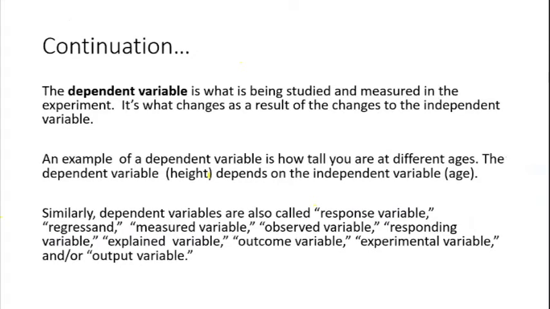So the dependent variable here, the one that is changing, is your height. And the independent variable is your age. It is the thing that we cannot change. Similarly, dependent variables are also called response variable, regressant, measured variable, outcome variable, or output variable.